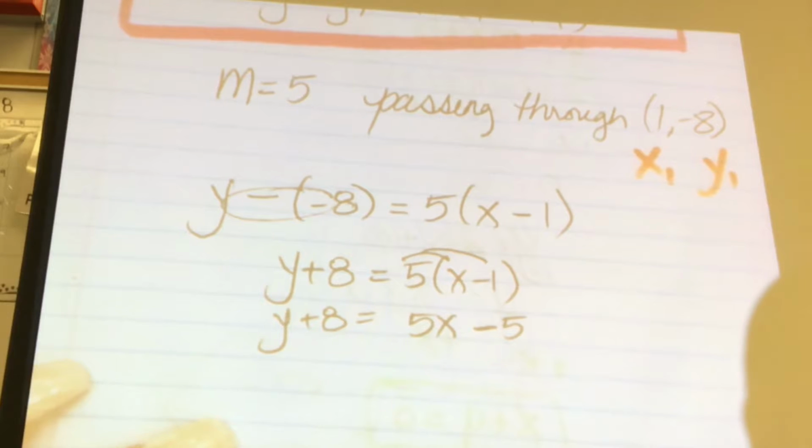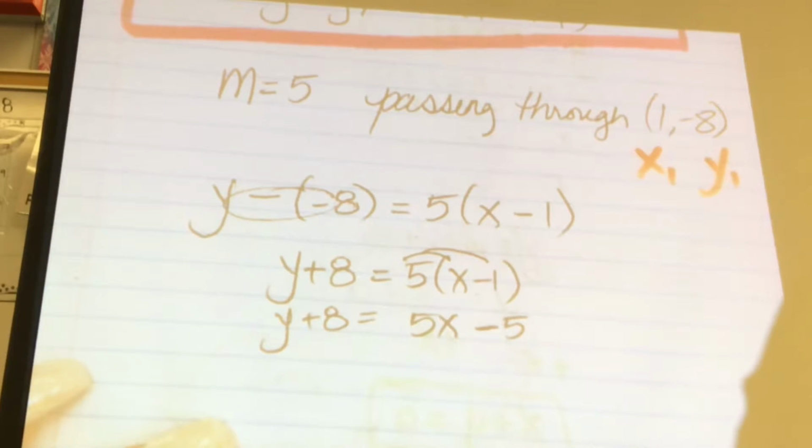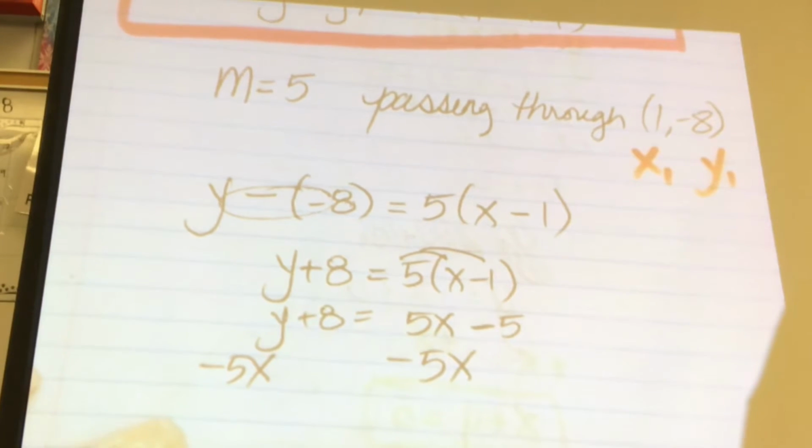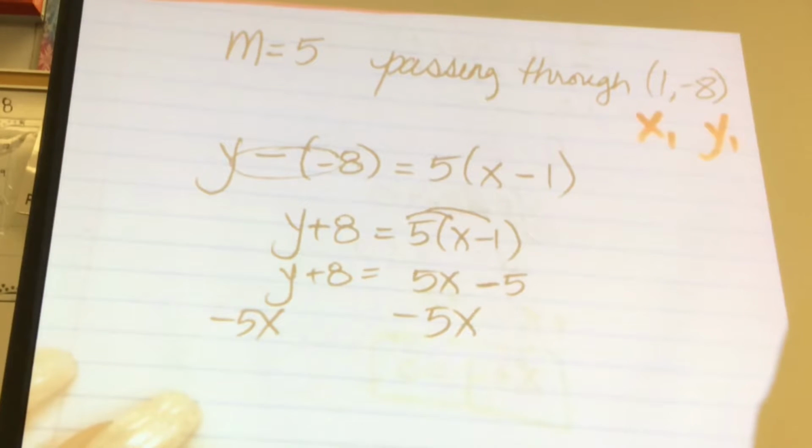Oh, it's starting to look like it, Ms. Riad. No? Standard form means what happens again, Ben? Both variables on the same side. So what should I do? Go ahead, Ben. Subtract 5x. You the man. Subtract 5x. What do you get, Camden?